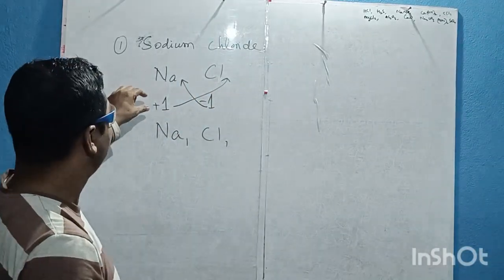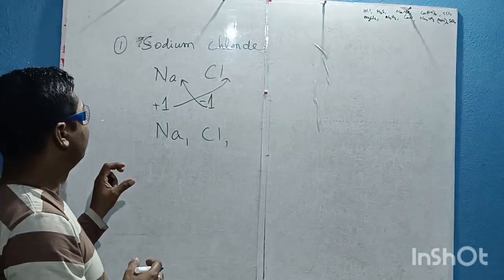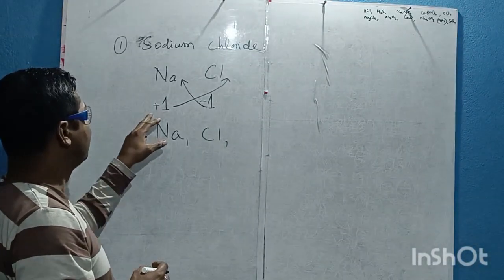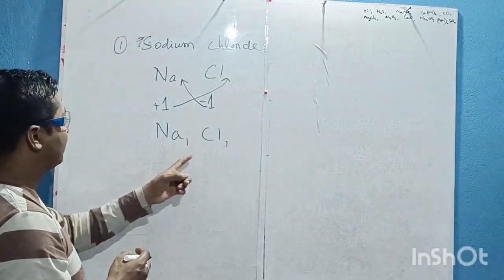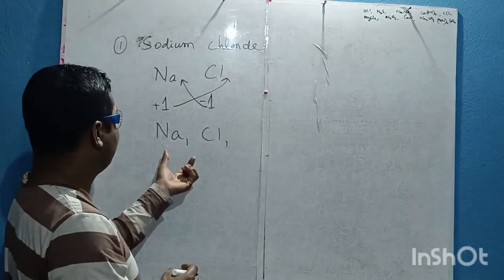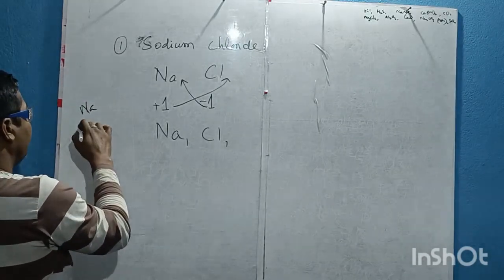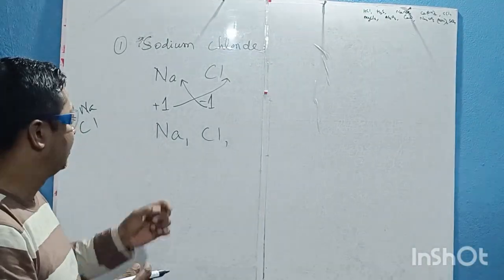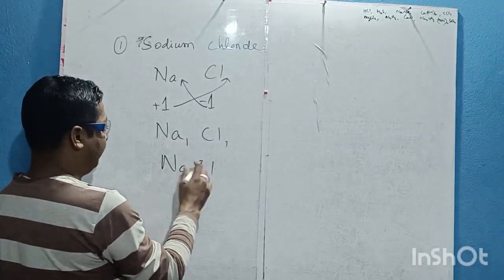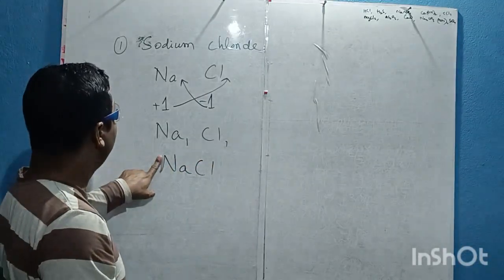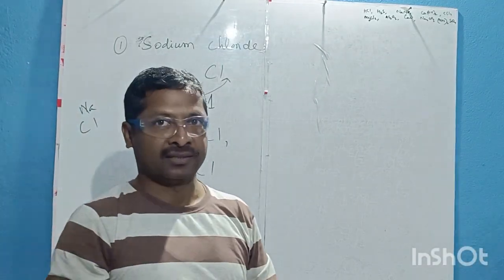While writing a compound, the plus and minus signs are ignored. So Na1Cl1. If I write Na it means 1 Na, if I write Cl it means 1 Cl is there. So there is no need of writing 1 1. So it will be NaCl. In this way, sodium chloride is written as NaCl.